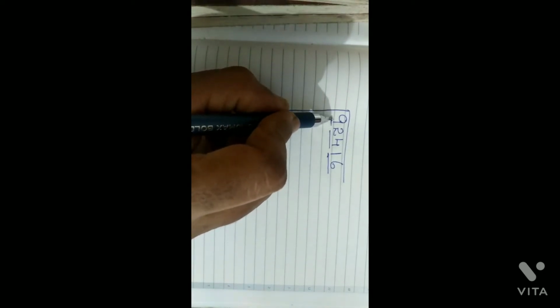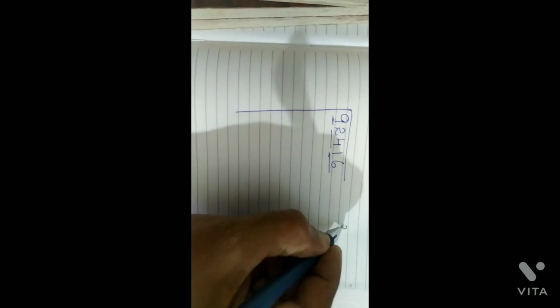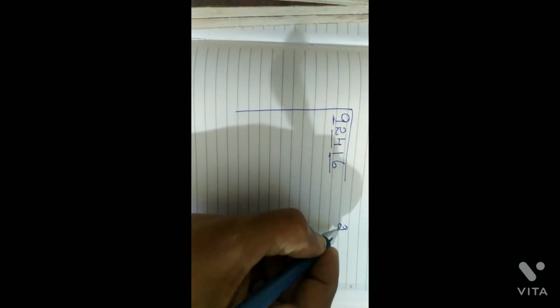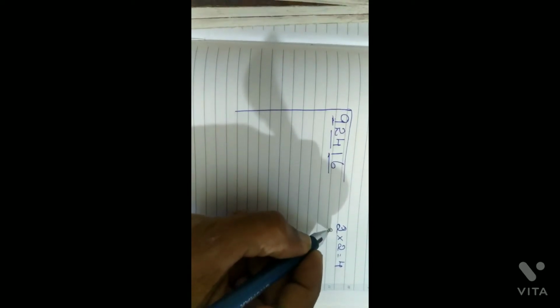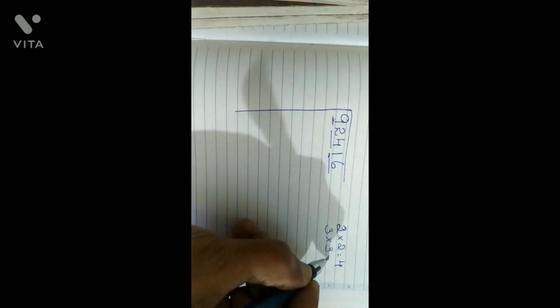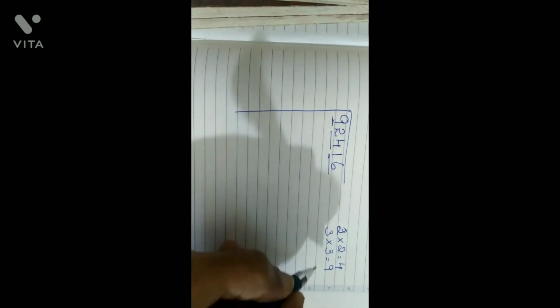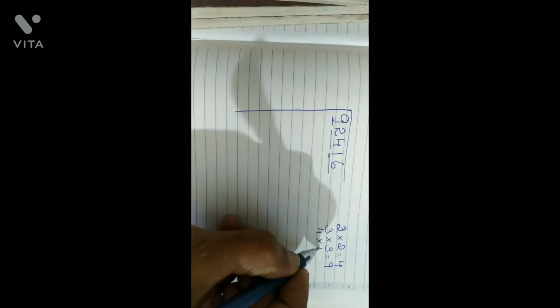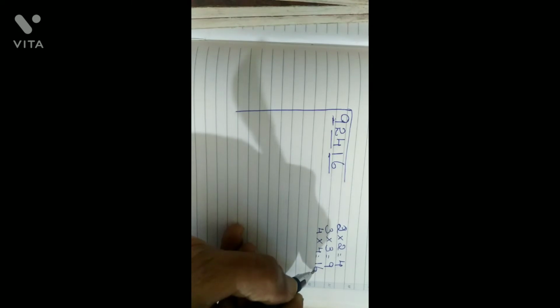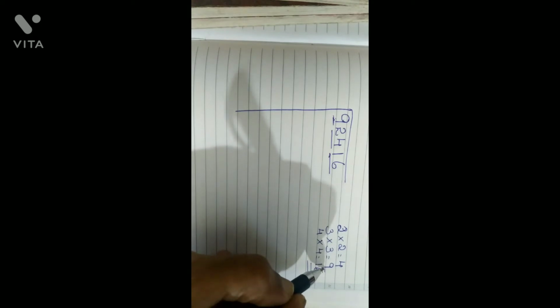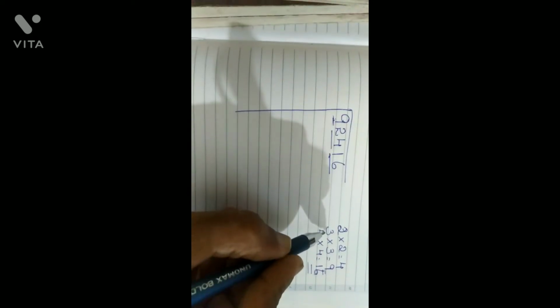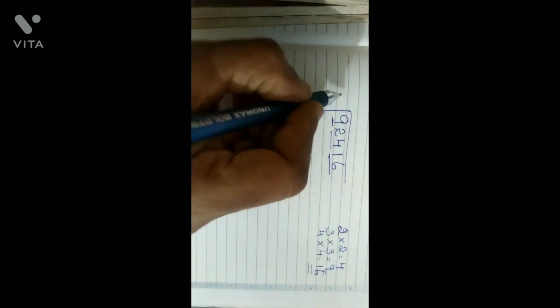So 2 into 2 is equal to 4. 3 into 3 equals 9. 4 into 4 is equal to 16. Here we cannot take 16, so we have a perfect square here, that is 9. So let's take 3.